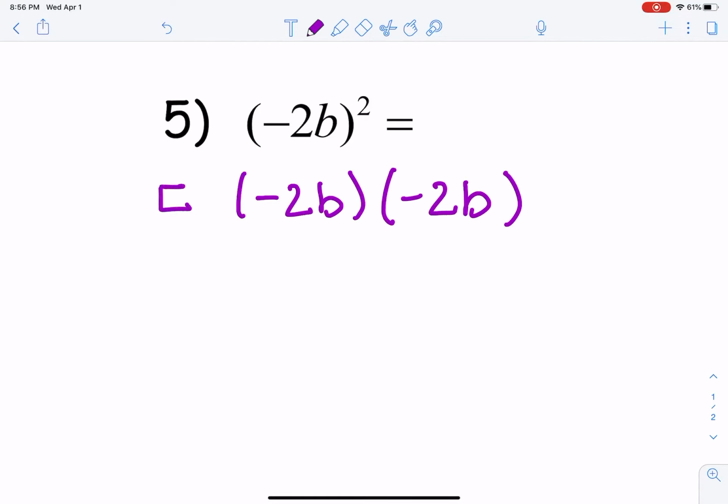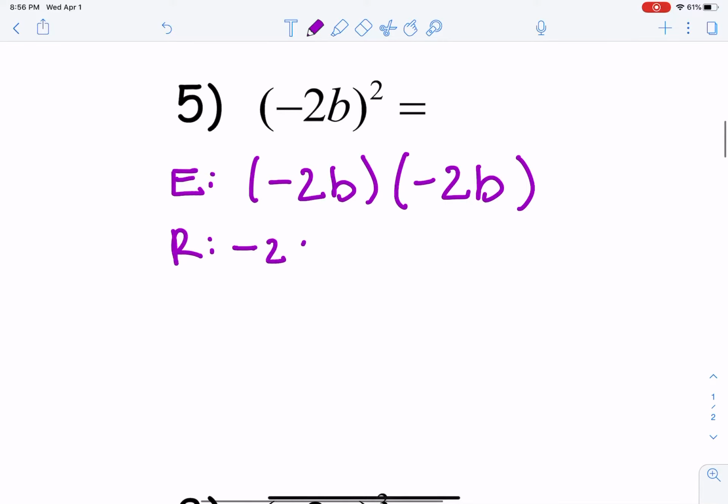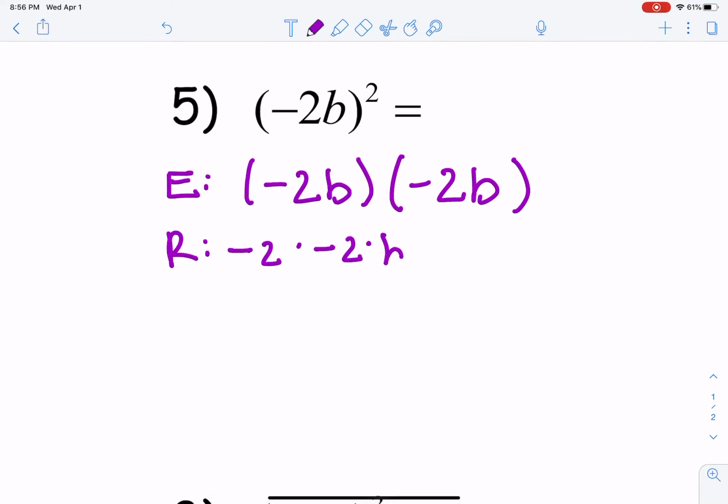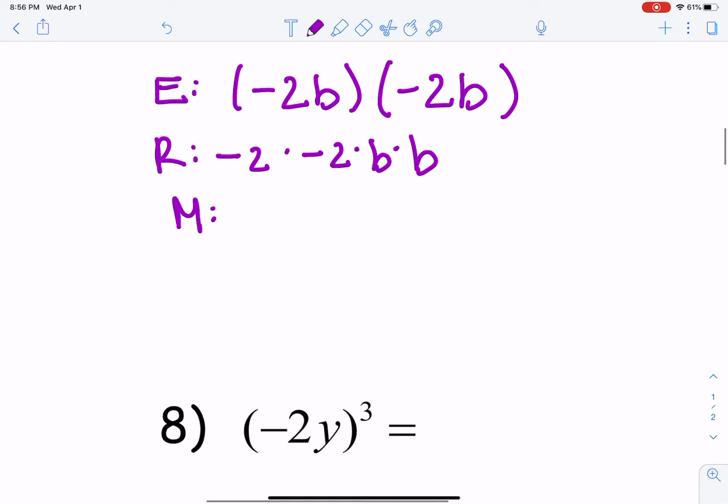So there's my expand. Let's go ahead and rearrange. So bring my numbers to the front. -2 times -2 times b times b. Now I'm going to go ahead and multiply. -2 times -2, that's +4, b to the power of 2.